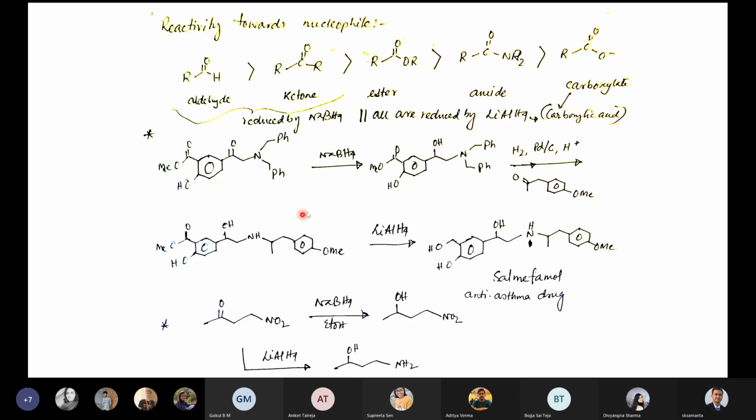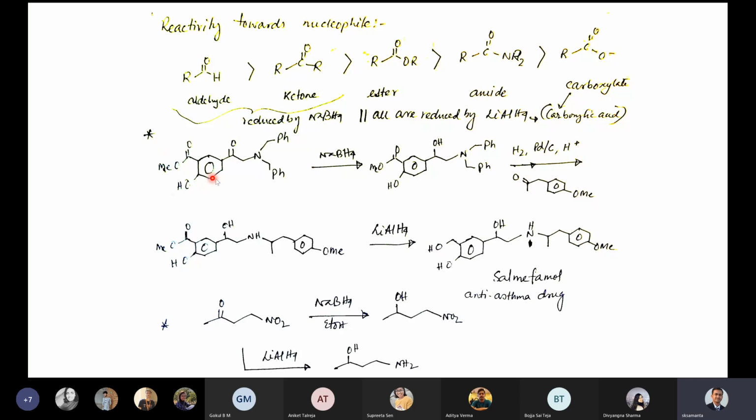Generally these kinds of reducing agents and some sequences of reactions are used to produce many different pharmaceutical drugs. For example, the synthesis of salmeterol, an anti-asthma drug, is done using this kind of reagent. For this drug to be synthesized, generally you start with this kind of compound.